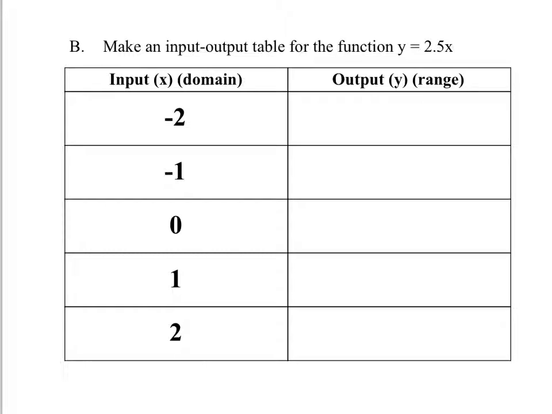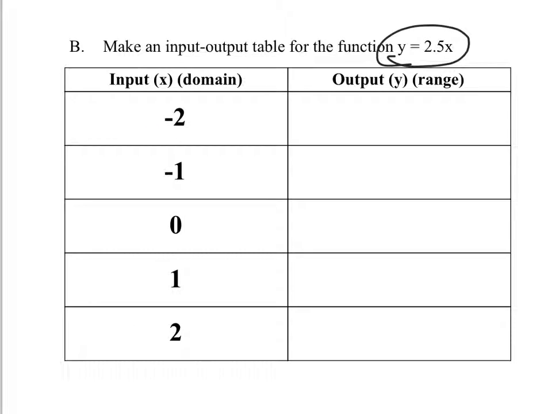Okay, let's look at an example in your guided practice. The rule is y is equal to 2.5x. So wherever I see x, I'm going to replace it with the numbers that I've chosen for my values for x, which are negative 2, negative 1, 0, 1, and 2.